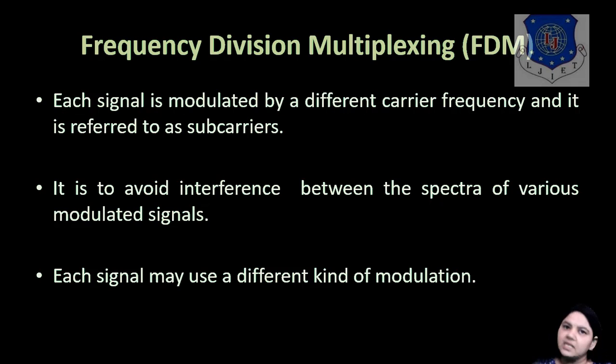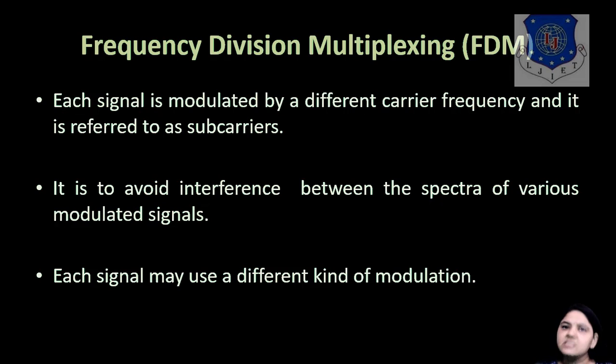One signal is modulated with f_c1, another with f_c2. So in the whole band, different frequency groups are modulated with different carrier frequencies.